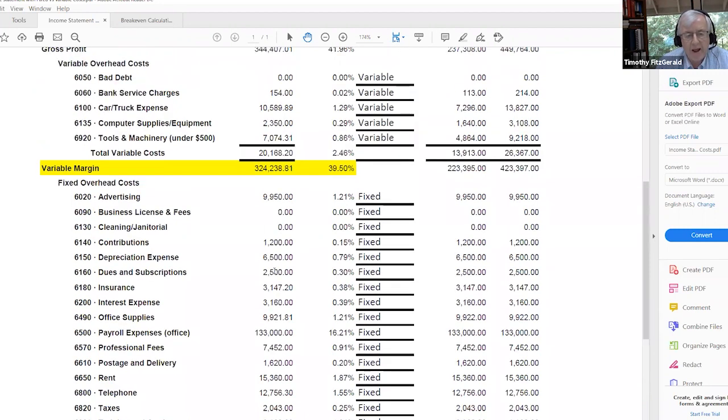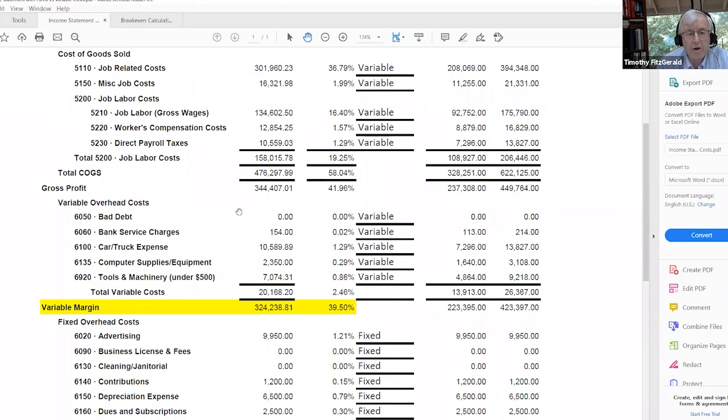Now, when we were discussing discretionary versus non-discretionary, any one of these things could be discretionary versus non-discretionary. We could have discretionary down here and non-discretionary up here, or vice versa. Like I said, marketing expenses could be discretionary, but some of your job costs could be discretionary too.